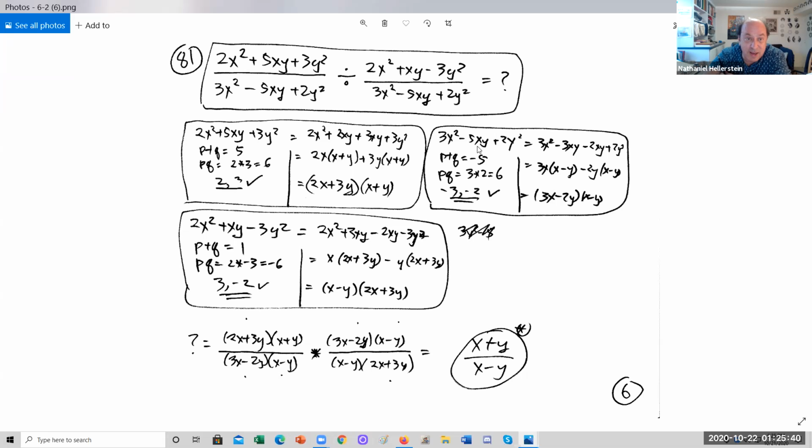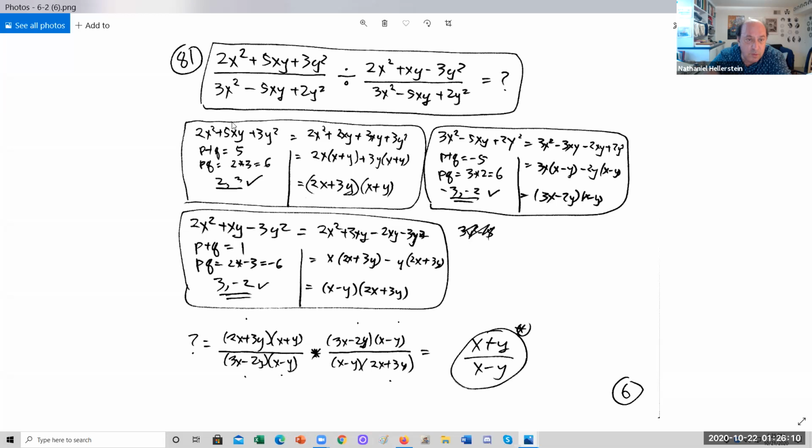Oh, except that we flip this upside down, and this over this cancels, so we don't have to deal with that one at all. It showed up twice, there and there. Is that right? No, I'm afraid I was wrong. It's a plus 3y and minus 3y. I stand corrected. Okay, 2x squared plus 5xy plus 3y squared.